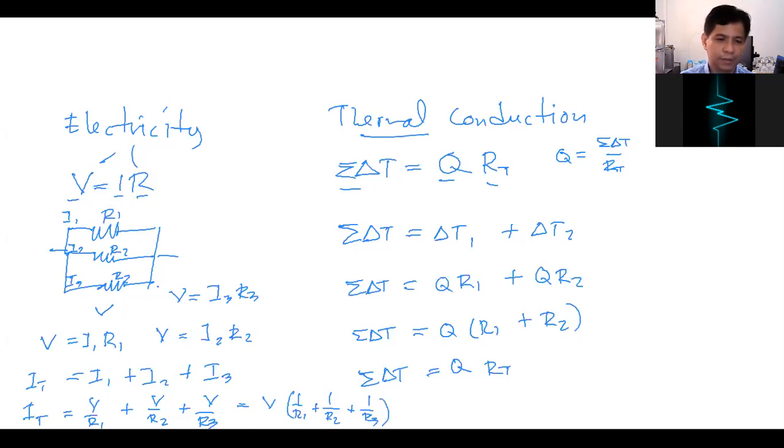Ganun, ano? So, tandaan nyo pa naman, yung I natin, ito yung thermal conduction, yung Q. Tapos yung B natin, yung delta T. Okay? So, punta tayo sa thermal conduction.